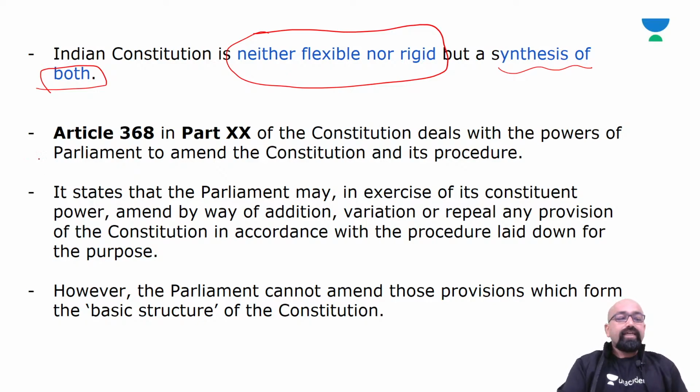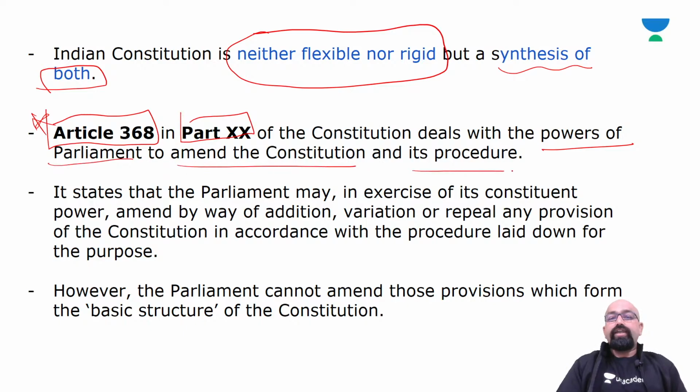Now, Article 368, just remember this. Article 368 in Part 20 of the Constitution deals with the powers of Parliament to amend the Constitution and its procedures.